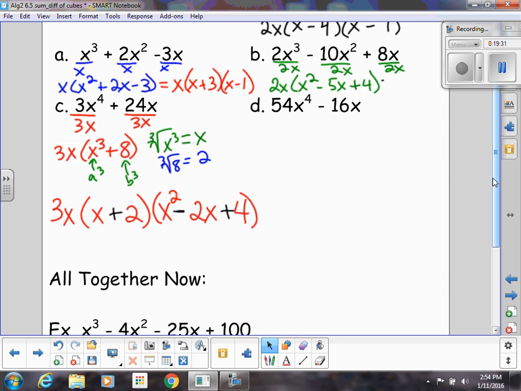So look at that. We combined a sum of 2 cubes with a greatest common factor. All right, so let's do that again. So I'm going to divide each of these. What can I divide 54 and 16 by? Well, definitely 4.